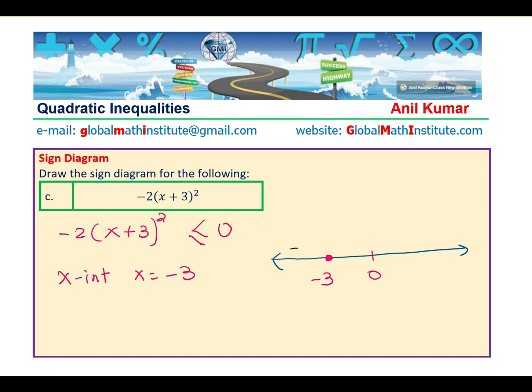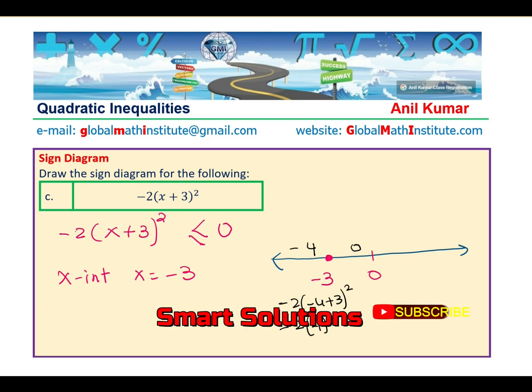So on the left side, let's take a value which is minus 4. On the right side, let's take 0. Now if I substitute minus 4, what do I get? Minus 2 times minus 4 plus 3 whole square, which is minus 2 times minus 1 whole square, which is positive 1 multiplied with negative 2, only minus 2. Do you see it is negative, right?